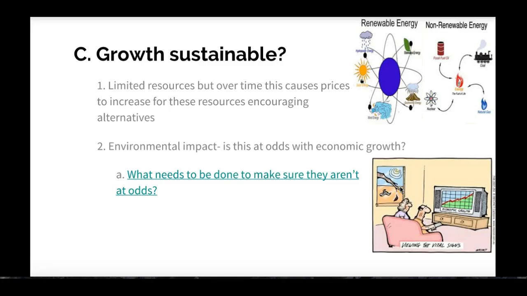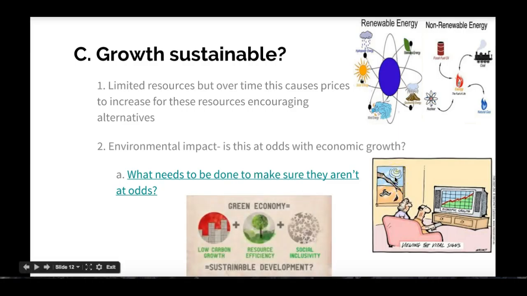And so they're using fossil fuels, and they're contributing to the environmental impact problem. So what needs to be done? I encourage you to take a look at that video, because it does make some good suggestions about what the government particularly can do to encourage that.